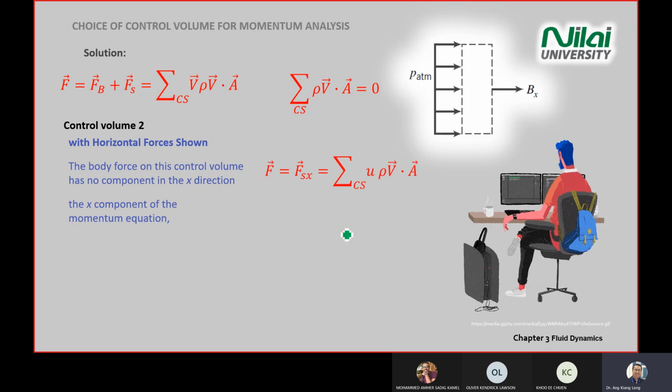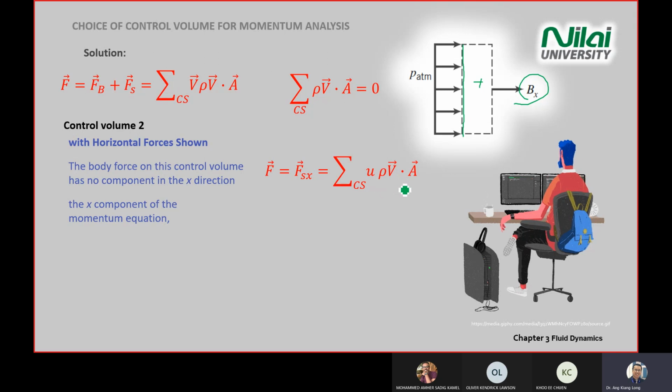Again, we're focusing on the x direction. If you look at the diagram here, you will only have the pressure times the area here plus the Bx component for your control surface. And then on the right hand side will be the momentum equation. So I will just show you what is the Fx, and then you input your momentum equation.